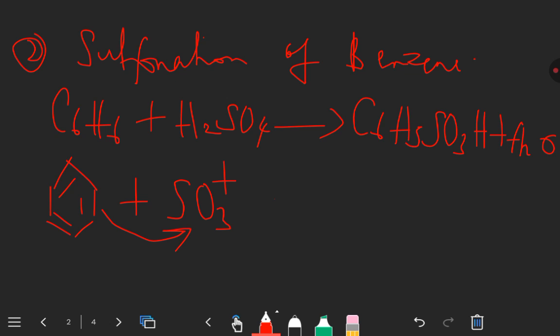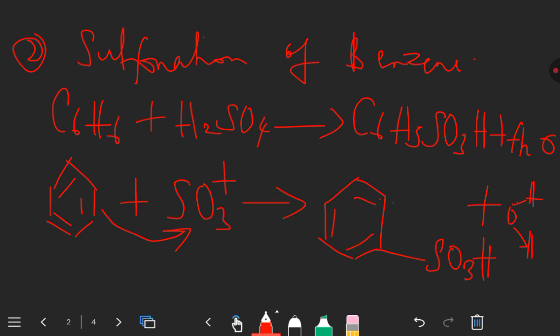The double bond attacks this electrophile, then you're able to form a product of that kind, of course with SO3H+, then plus the water, which is just a byproduct.